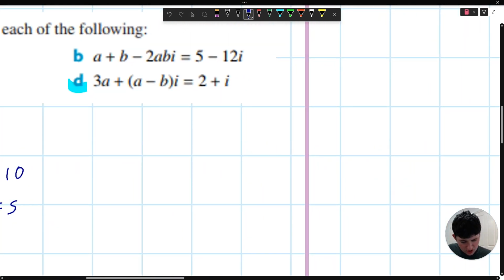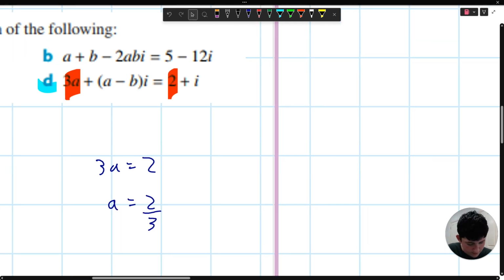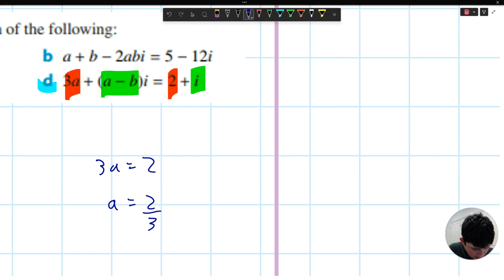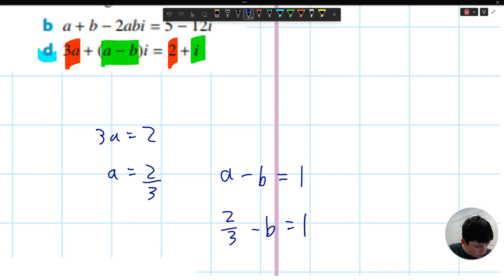Now if we do question D, we can match up the two real components. 3a equals 2. Therefore a equals 2/3. I don't think I have to explain that to you. And therefore, if we match up the imaginary component, a minus b is equal to 1. And if we sub in 2/3 minus b is equal to 1.